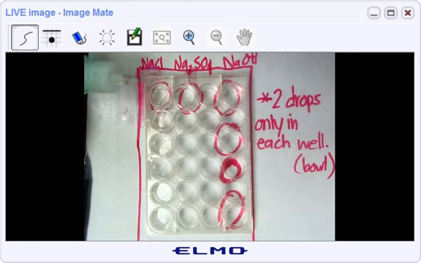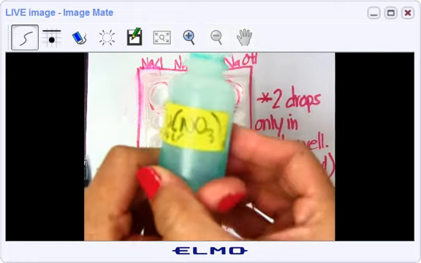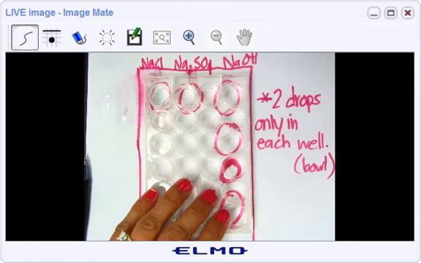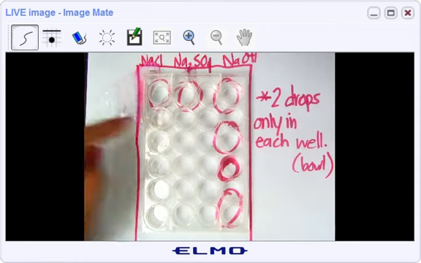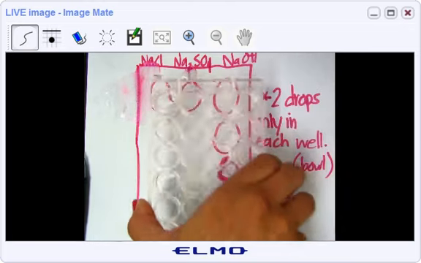Here's 2 drops of CuNO3. Okay, here it is right there. As you can see, there is no precipitate. There is nothing left over at the bottom. It's just still clear.